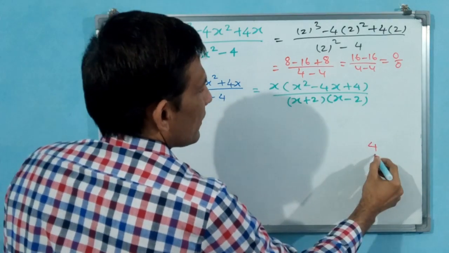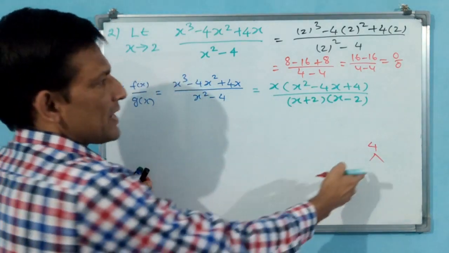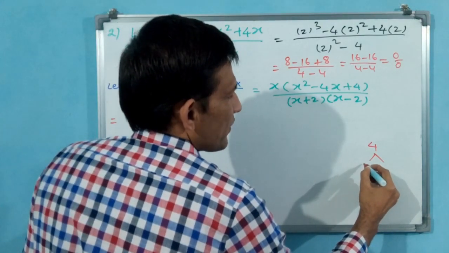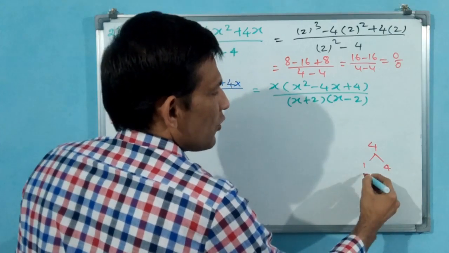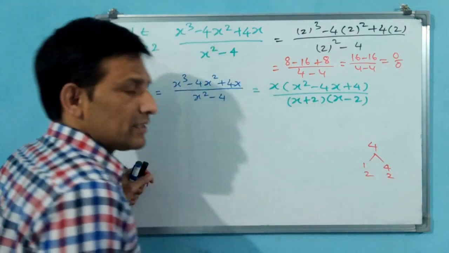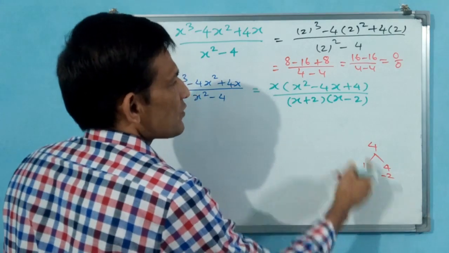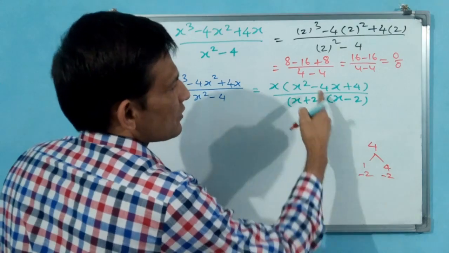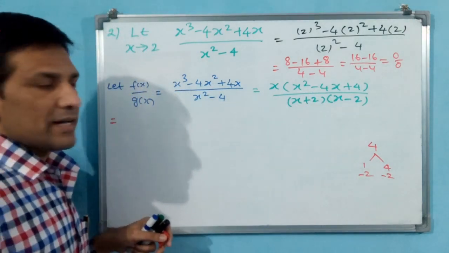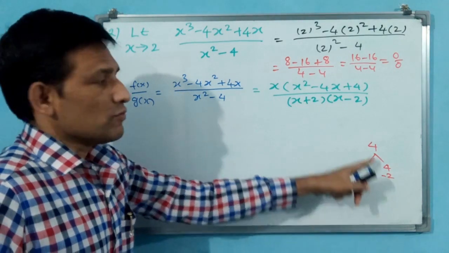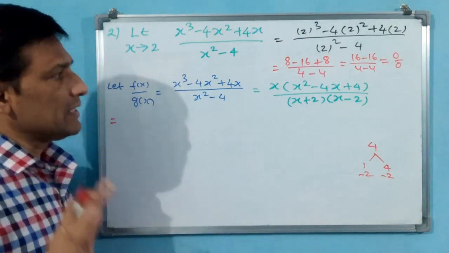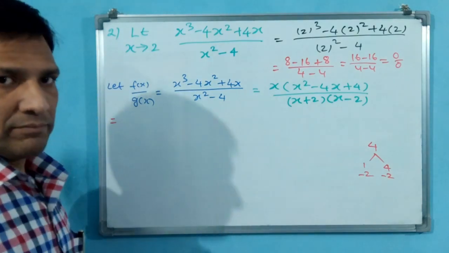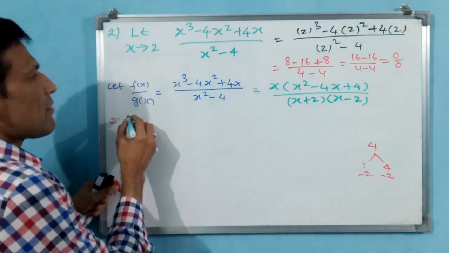The factors should give minus 4 in the middle. 1 into 4, no. Then 2 into 2, yes, but minus 2 into minus 2 is plus 4 and minus 2 plus minus 2 is minus 4. That is why you take minus 2, minus 2. Make the factorization like a quadratic equation only. Don't go by formula directly.